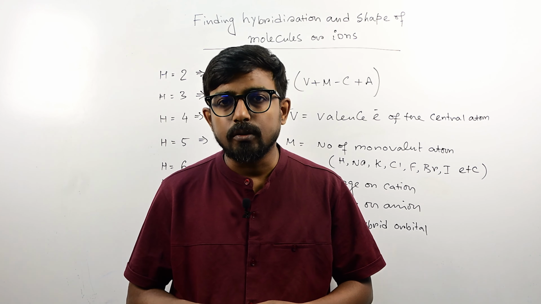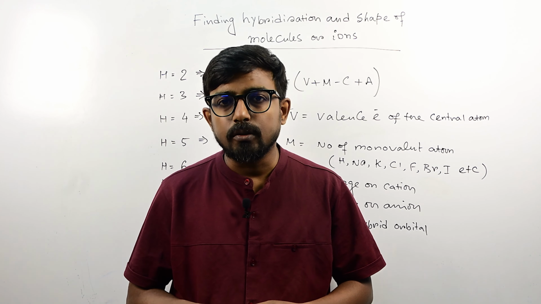So Xe 1, 2, 3, 4, 5, 6. These 4 positions we fill first with fluorine. There is 1 oxygen and 1 vacant place, that means 1 lone pair, and oxygen is a bivalent atom, so it will form a double bond.